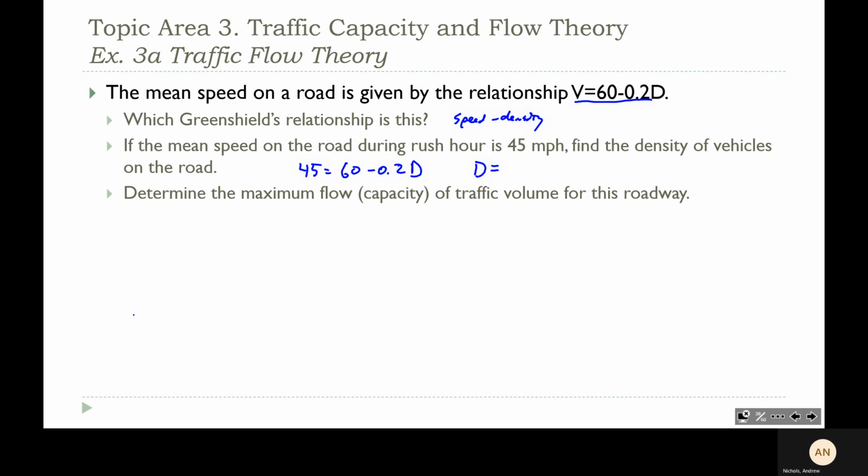Too late in the day. 75. So that'd be 75 vehicles per mile.